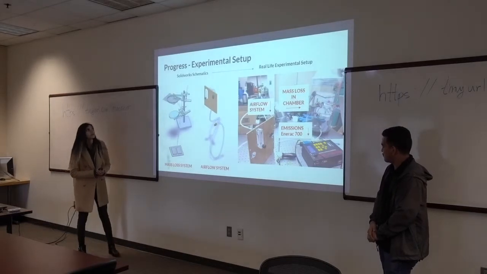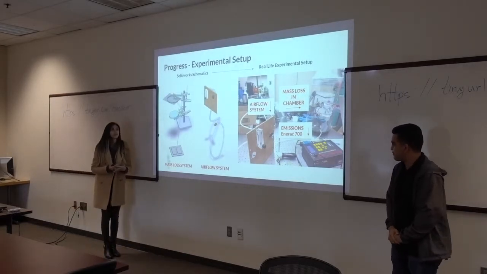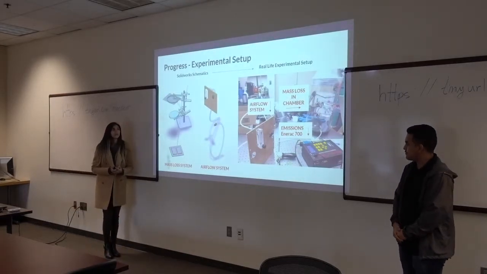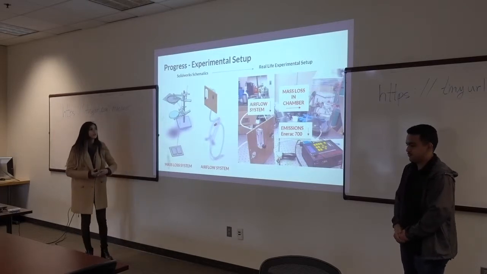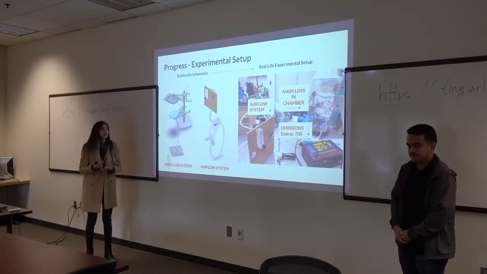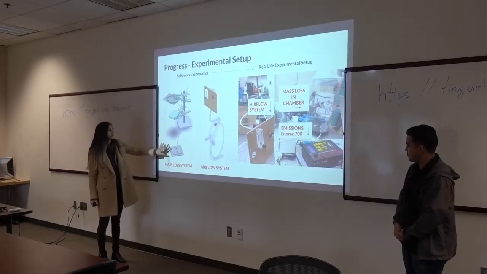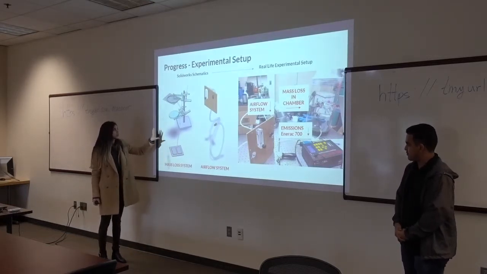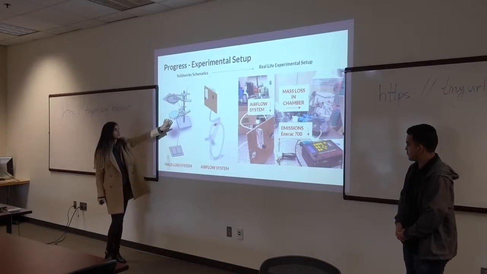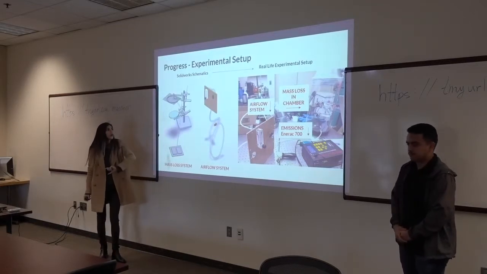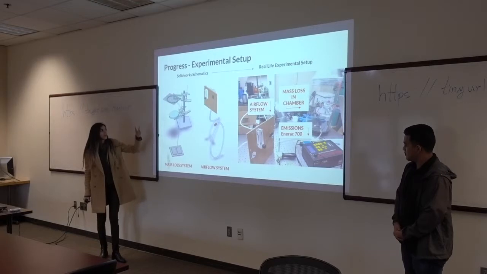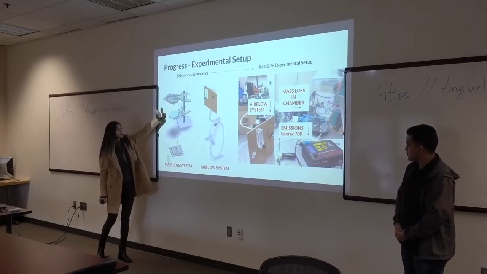For our progress right now, as Manny was saying, we are in the process of testing our combustion chamber. We have SolidWorks schematics, as you can see here. This is our mass loss system. It includes strain gauges that will measure the weight of the fuel sample that we'll be placing on the mesh.